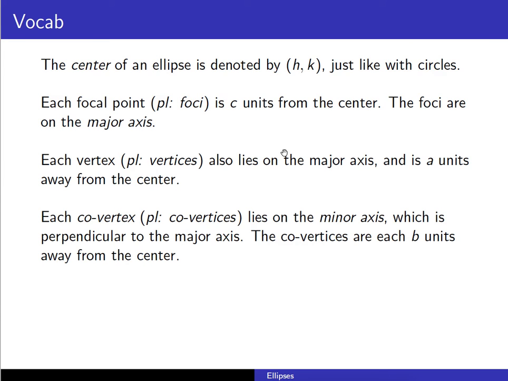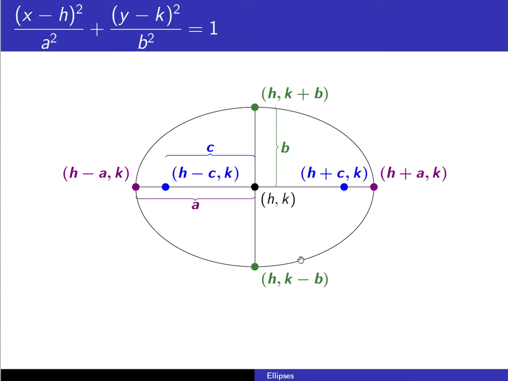Each covertex, the plural being covertices, lies on the minor axis, which is again perpendicular to the major axis. The covertices are each b units away from the center. Putting that in terms of the vocab we had before, our center is (h, k), and our distance from the center to a vertex is a. We're going to use a lot of graphing, so you don't necessarily have to memorize all these pluses and minuses.